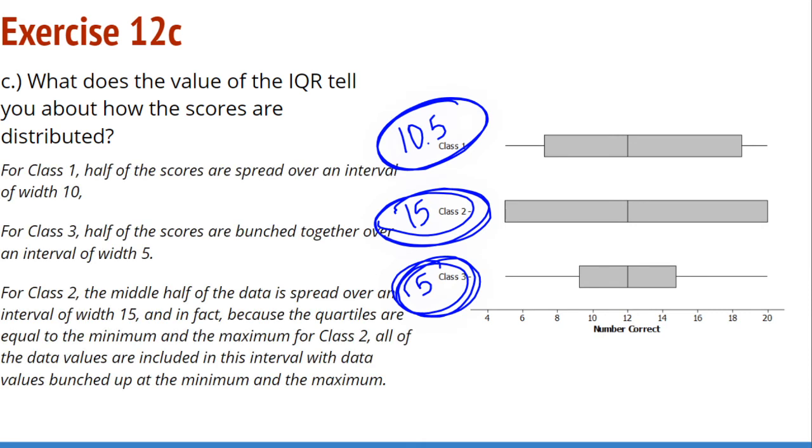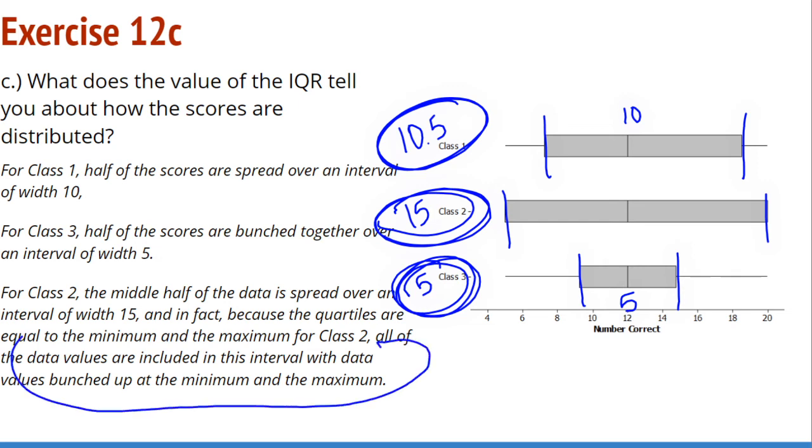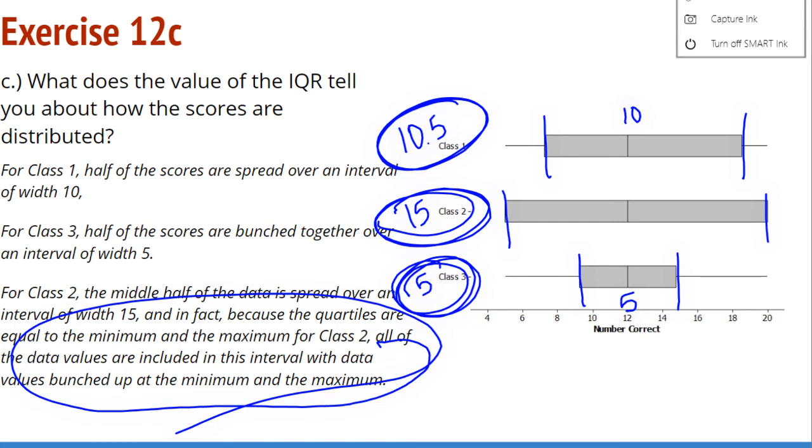So for class 1, half the scores are spread over an interval of a width of 10. So half the class fits in this area of 10. For class 3, they're in an area of 5, and for class 2, an area of 15. And included in that, we actually have more than half. All of their data fits in that range of 15.